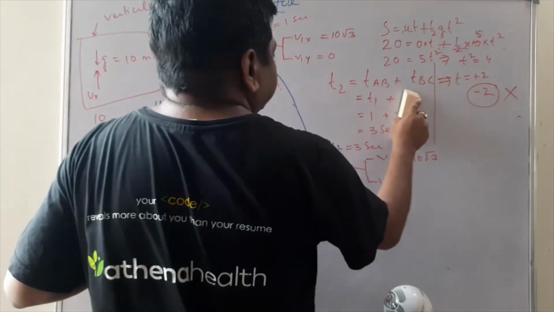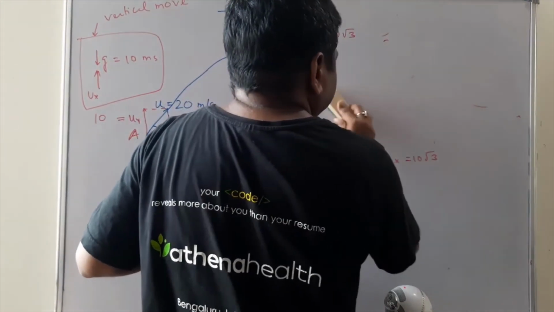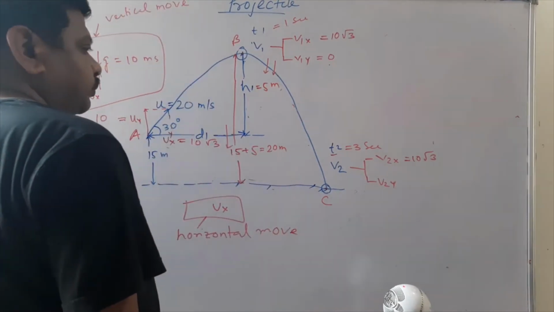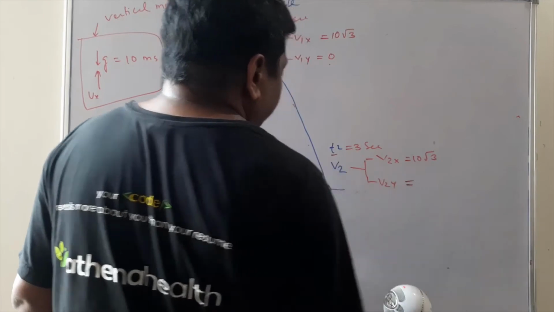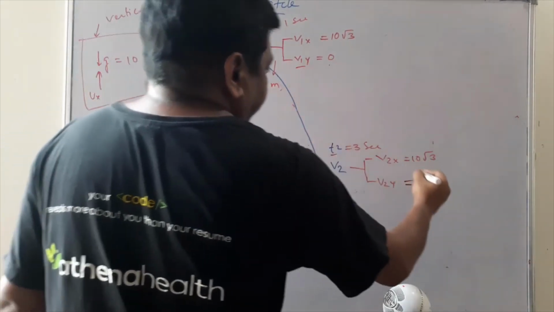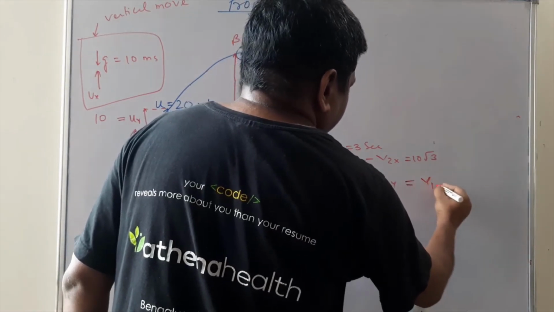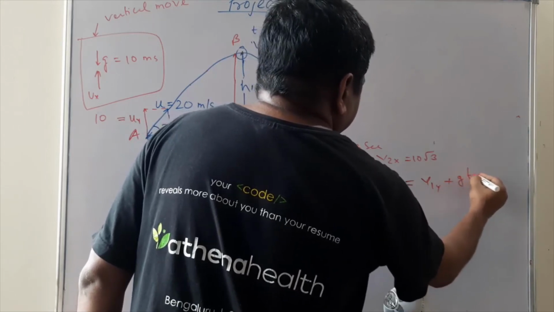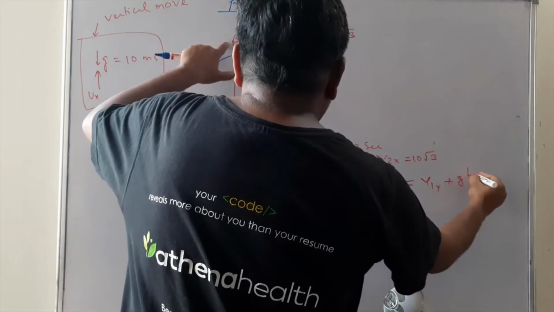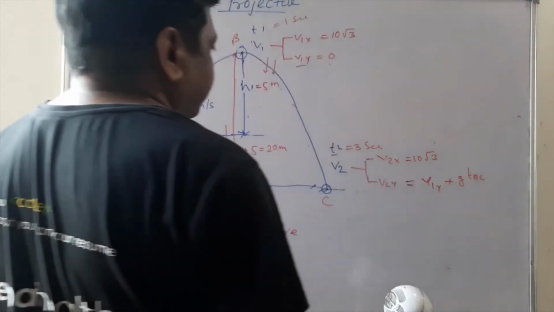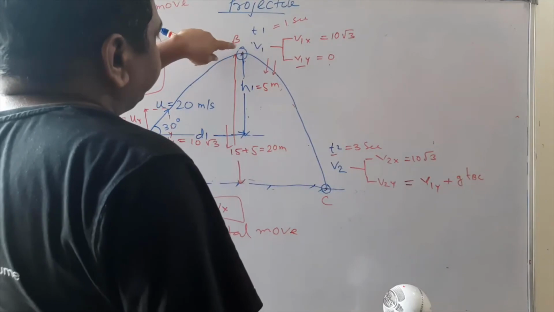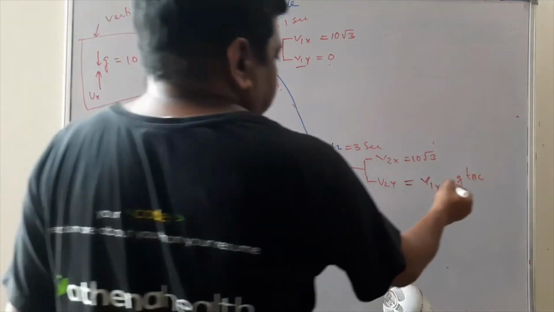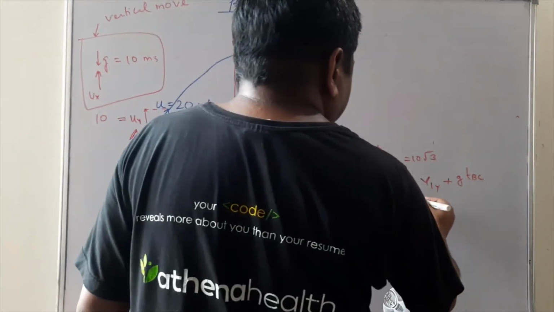Now we have to find out v2y. So v2y equals v1y plus g and TBC, right? The time required to travel the ball from point B to C. So g TBC, right?